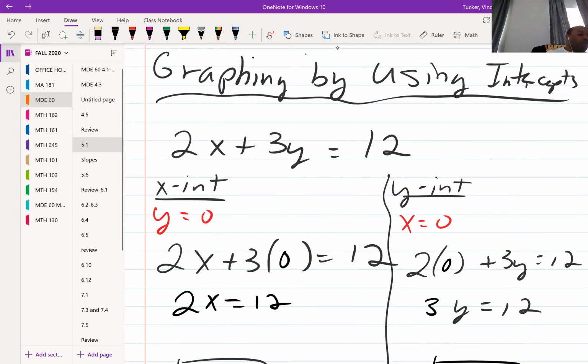If we want to use our intercepts in order to graph, we have to find them first. The first thing, decide which one you're trying to find. It doesn't matter which one you find first. I went with x-intercept, but remember, characteristic of all x-intercepts is that y is equal to 0. So I plug in 0 for y. 3 times 0 is 0, and that leaves us with 2x equal to 12.